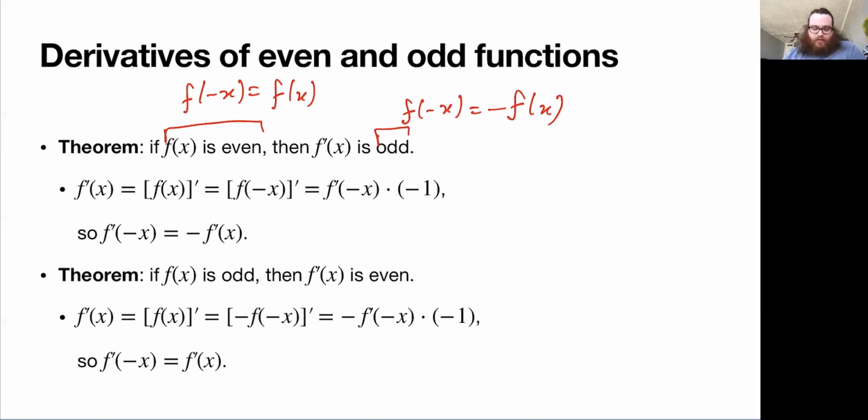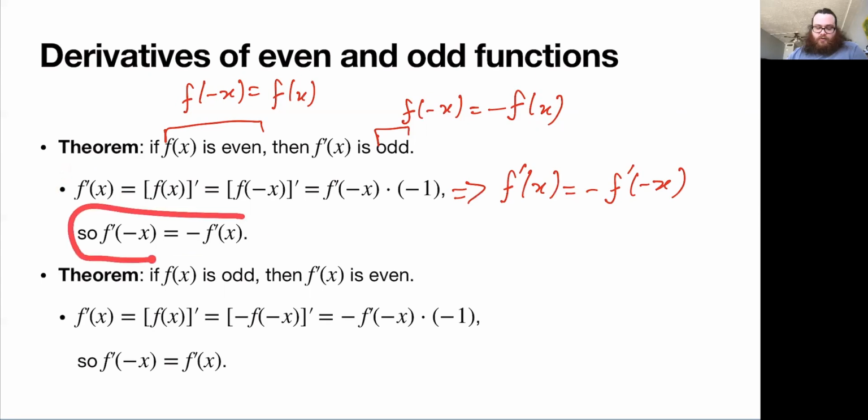So what we end up with is f prime of x is equal to minus f prime at negative x. And so shuffling things around, you end up with this. If the function that we started with was even, then its derivative is odd.